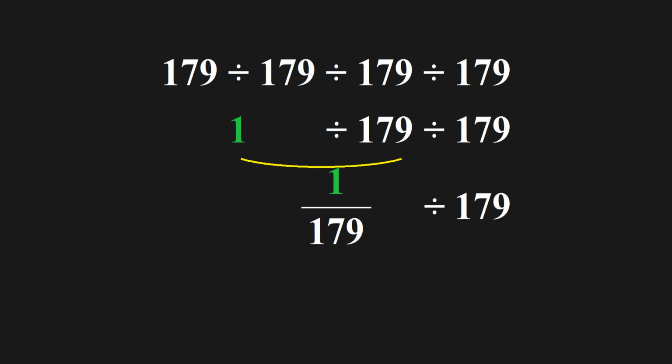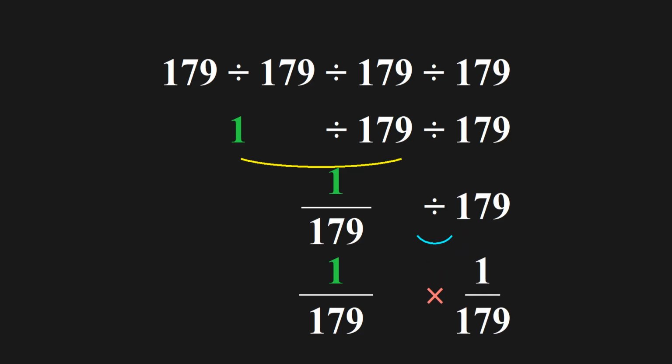So we must keep the first fraction 1 over 179 and change division to multiplication times, then flip the second fraction 1 over 179 which equals 1 over 32,041, and this is our final answer for this problem.